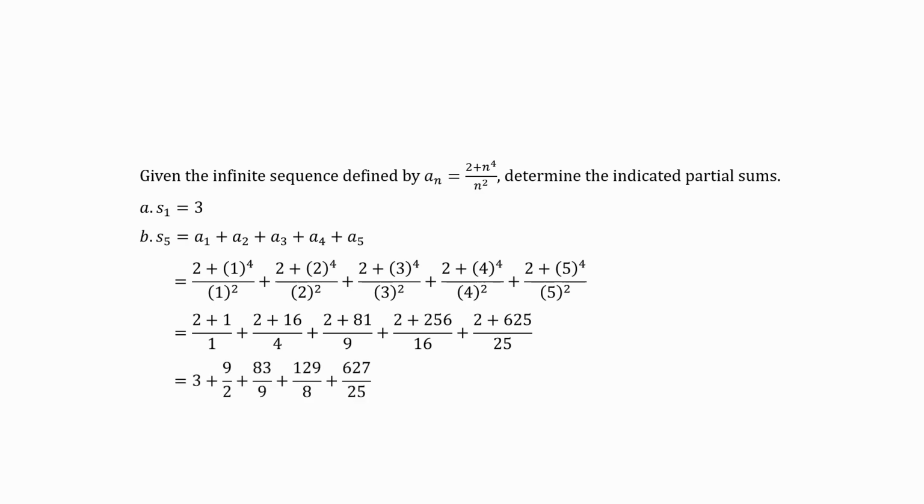So, 3 plus 9 over 2 plus 83 over 9 plus 129 over 8 plus 627 over 25. Therefore, fifth partial sum of the infinite sequence defined by a sub n equal to 2 plus n raised to 4 all over n squared is equal to 104269 over 1,800 or 57.9272.